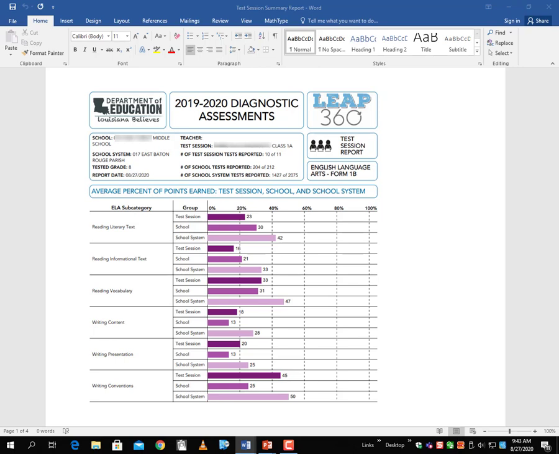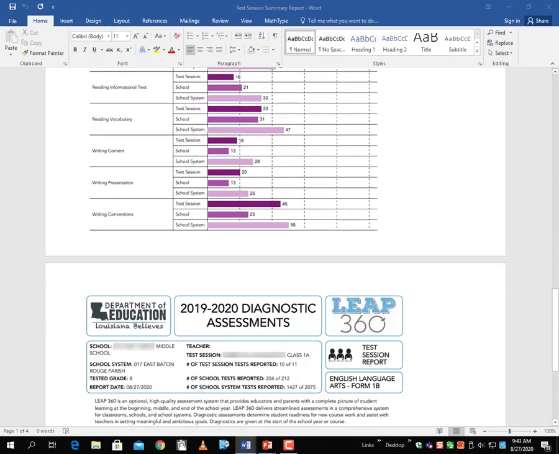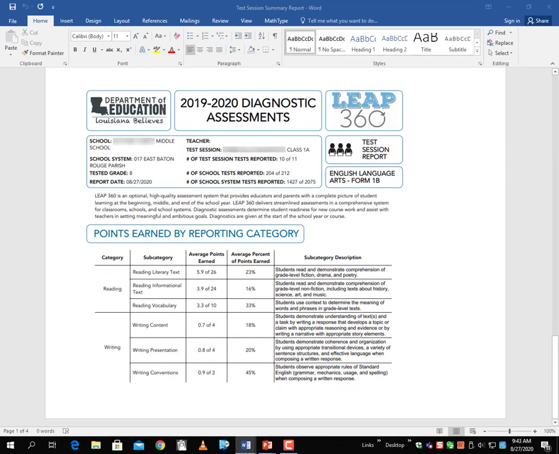Just like with the math, you have your subcategories, and then you have information about the test session for each of those categories, and information about the school and the school system. So the teacher can compare themselves with the school as a whole, and then the school system also. And then again, here's the table form.